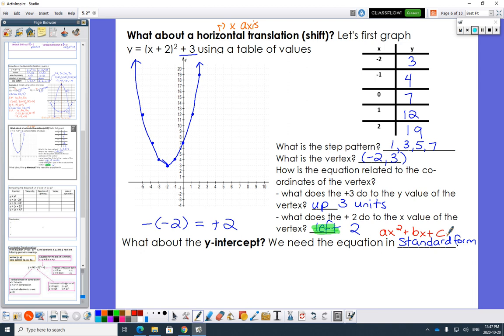And which is the y-intercept? A, B, or C? C. Okay? So you have done a million of these questions. You're going to expand and simplify. Whoa.